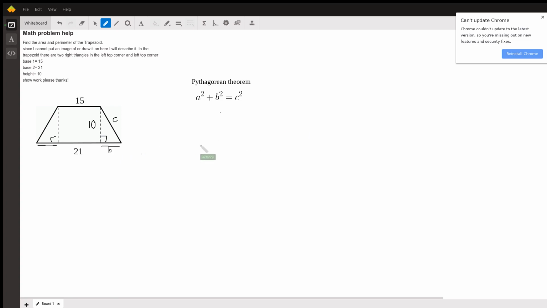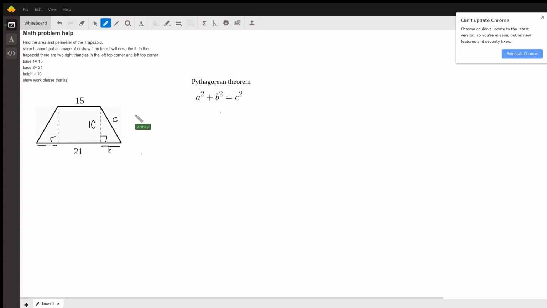Well, if we look at the trapezoid, these lengths, these B lengths, are the parts of base 2 that extend beyond base 1 horizontally. In other words, these lengths make up the difference between base 2 and base 1, the lengths of both of them.